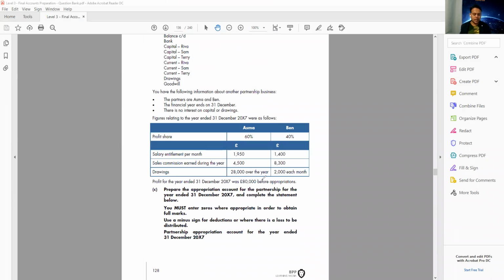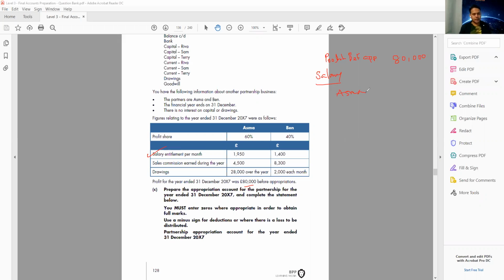Okay, let's start with profit before appropriation. So profit before appropriation, that is 80,000. From here, first we give the salary. So we have salary for Asma. How much is the salary for Asma?